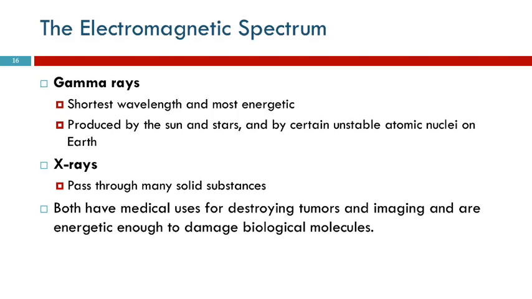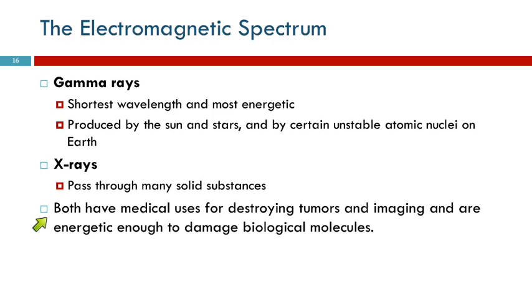So I'm just going to go through these quickly. They're also listed in your textbook. Gamma rays, they're the shortest wavelength, the most energetic. They're produced by the sun and the stars and by certain unstable nuclei on Earth. X-rays, as you may know, are used for ascertaining, is your ankle broken?